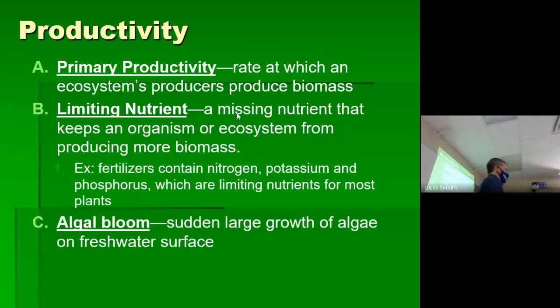So what often happens, while you would think maybe that would be helpful for a body of water, it's not, because what gobbles up those limiting nutrients first is not helpful plants. It's algae, kind of proto-primitive plants.